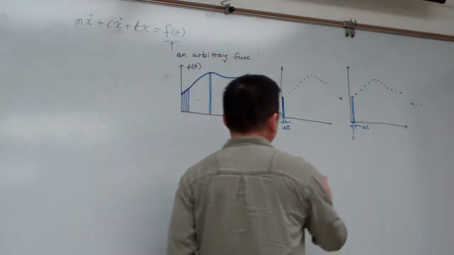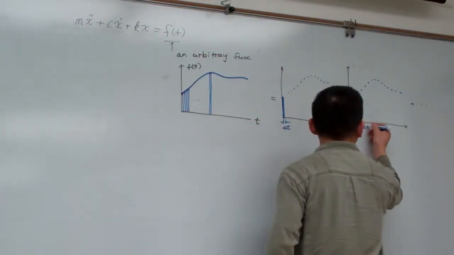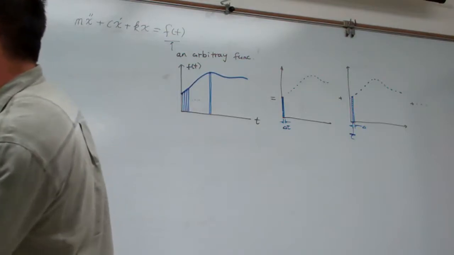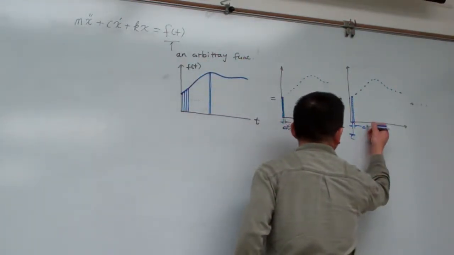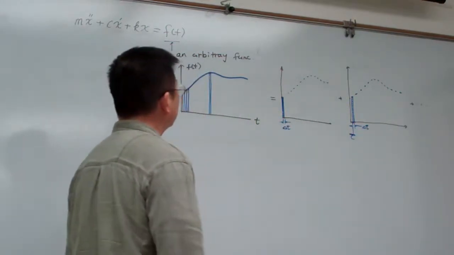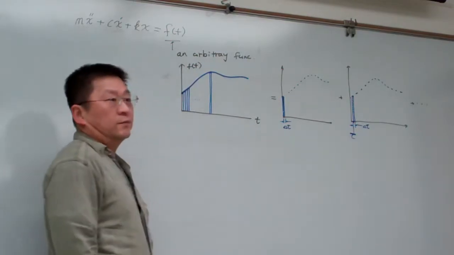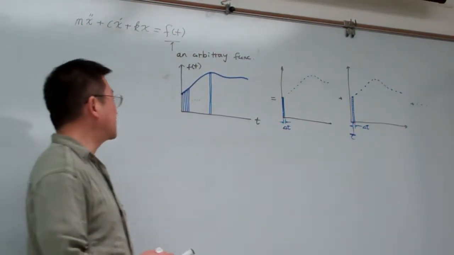Tau, and this is delta t. So this is a combination of the many small strips, and that is the function decomposition.